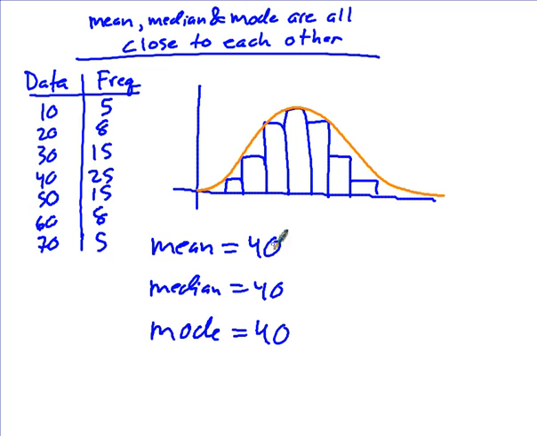And the mean would also go towards the larger values, or the most frequent numbers. And so you end up with some differences here. So this is a nice symmetric bell shape, normal distribution. And that's when they are all close to each other.